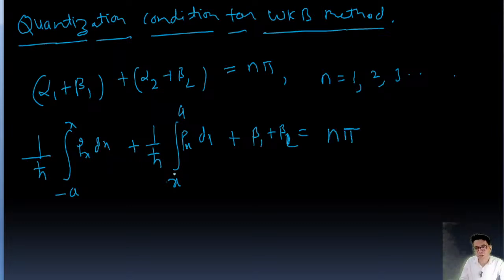We'll solve questions using this condition, and the value of n I have already told: n is 1, 2, 3, and so on. So this is the quantization condition for the WKB method. Now I'll solve questions, and then it will clear all your doubts.